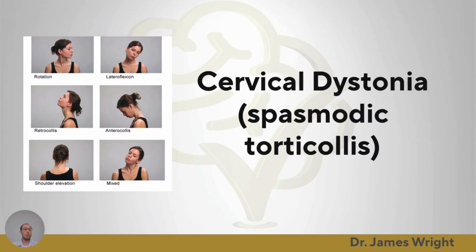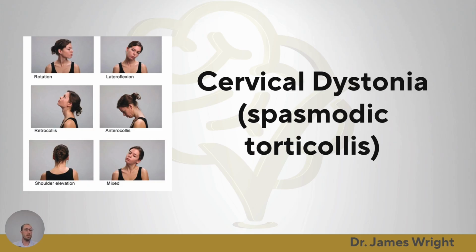So I'm going to stick with cervical dystonia for this talk. It's kind of the most frequent that we see in the office, and it tends to be a more, let's say, popular one to want to try to treat. So cervical dystonia is also called spasmodic torticollis.